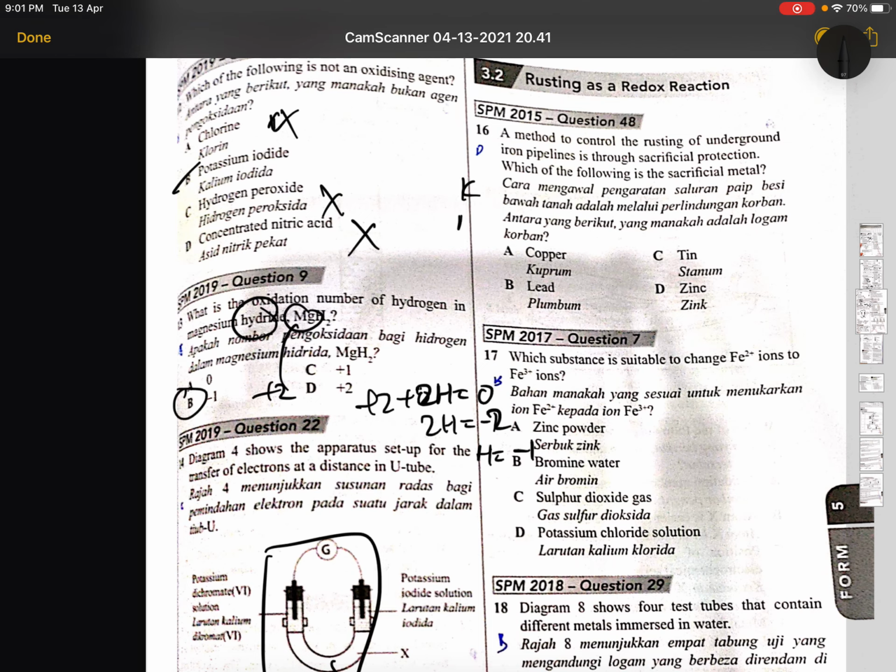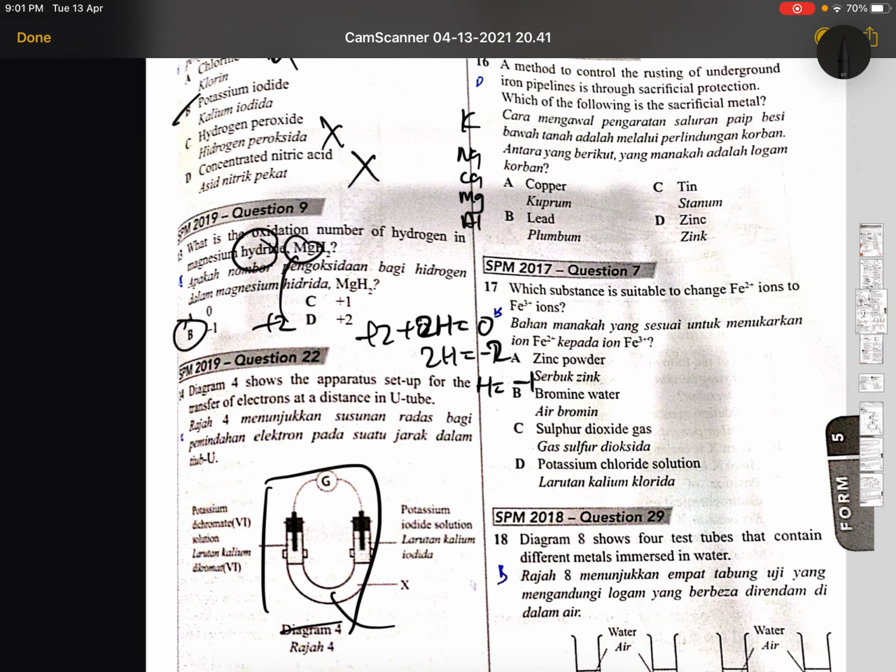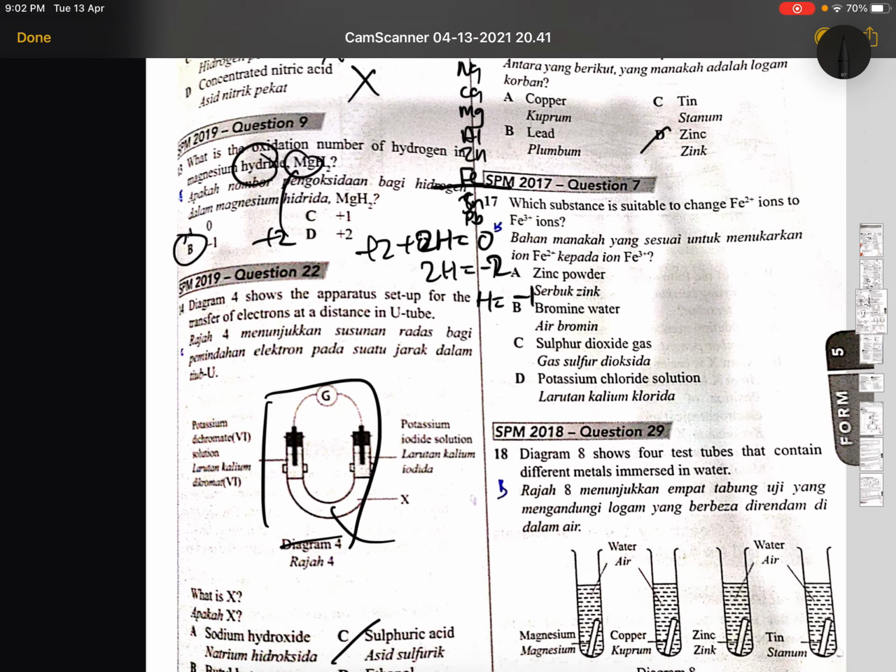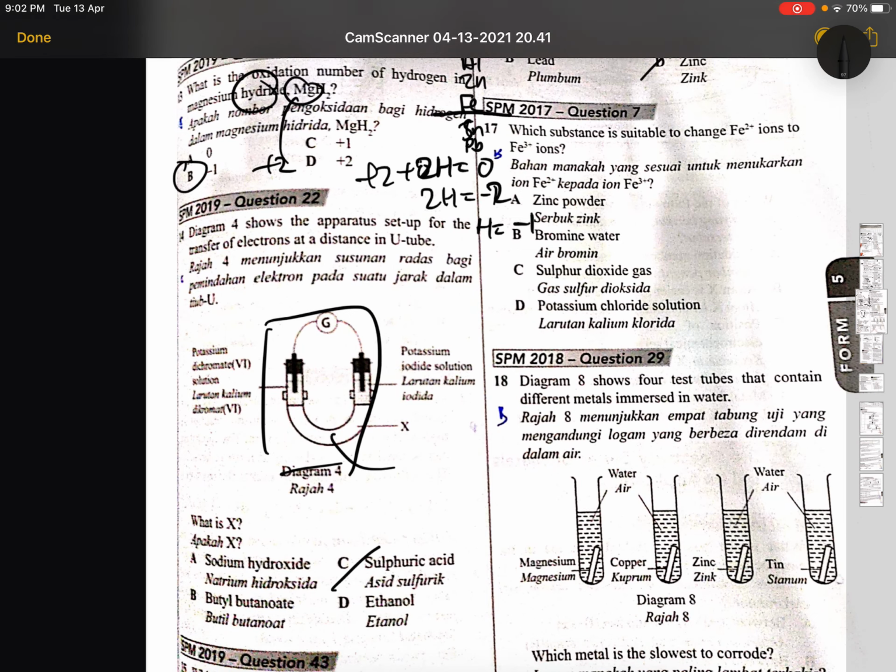If you look at the reactivity series, it's potassium, sodium, calcium, magnesium, aluminium, zinc, iron, tin, lead, copper. The only option above iron is zinc. So the answer is zinc.